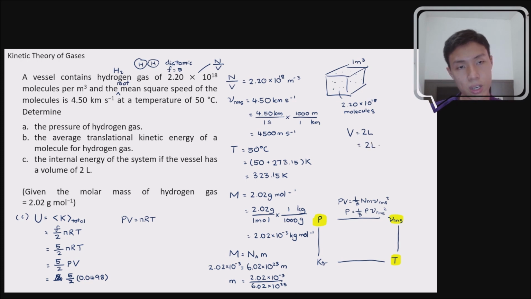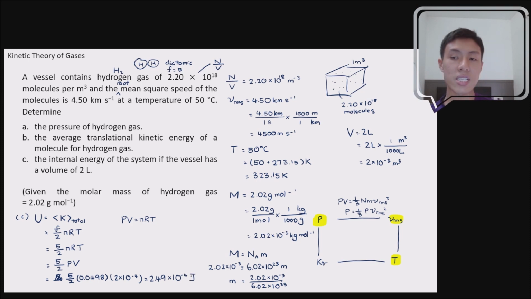If you refer to my notes, I already mentioned the relationship between liter and meter cube: 1 meter cube consists of 1000 liters. So it will be 2 times 10 to the power of negative 3 meter cube. If you substitute that in, you're able to get your internal energy, which is equal to 2.49 times 10 to the power of negative 4 joule.